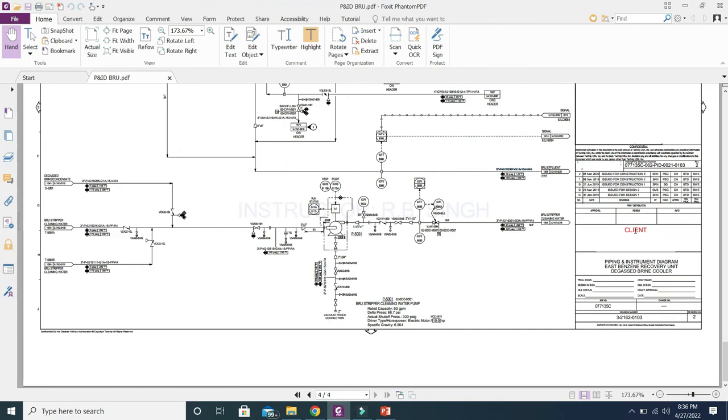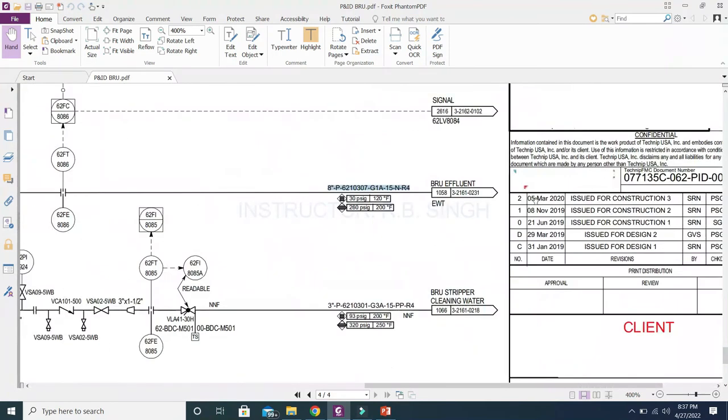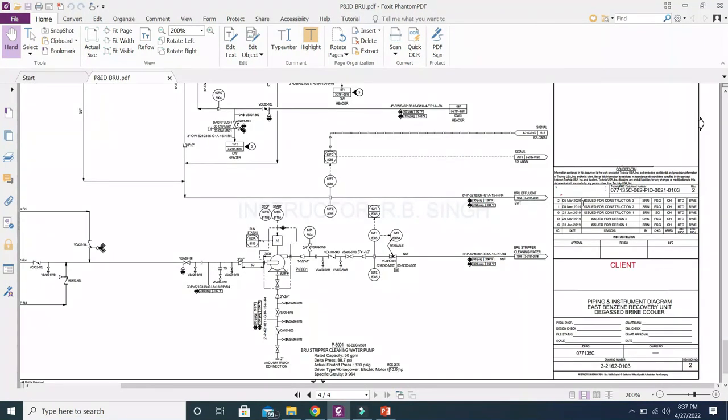The title block is important for us because whenever we do the engineering, and the P&ID has had many revisions, we must know what the latest revision is. Maybe the latest revision is mentioned here, but some changes can happen after that, and those changes can be captured in a particular MOC. MOC is called management of change. Like the P&ID, after the latest revision it will be in markup.